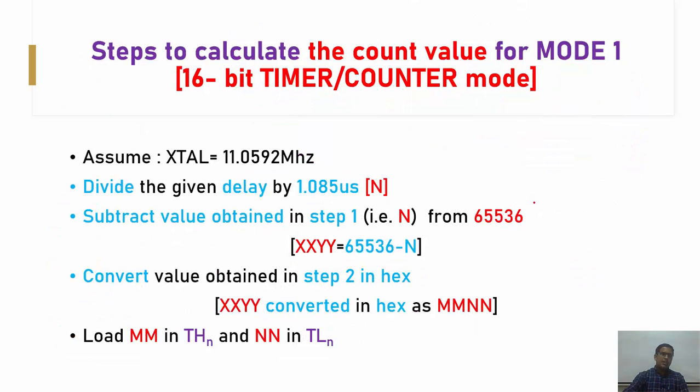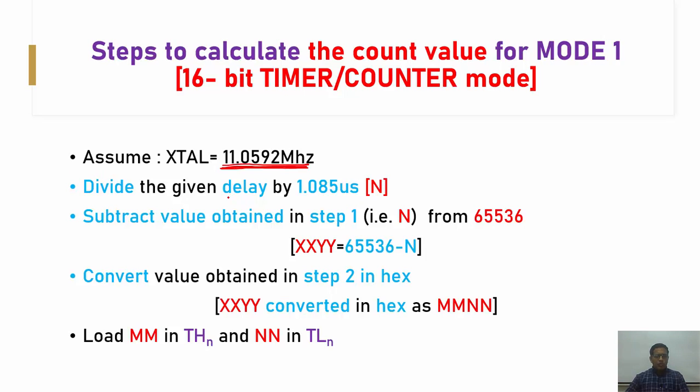Now let us discuss the different steps used to calculate the count value for the 8051 microcontroller. As usual, we know that the 11.0592 MHz crystal is connected, so we are going to consider the 11.0592 MHz crystal for the operation. What is the first step?